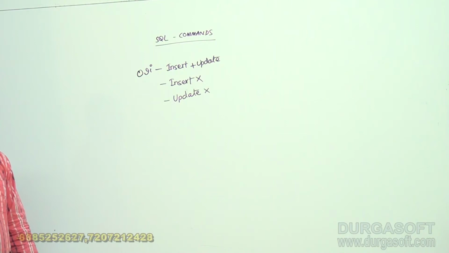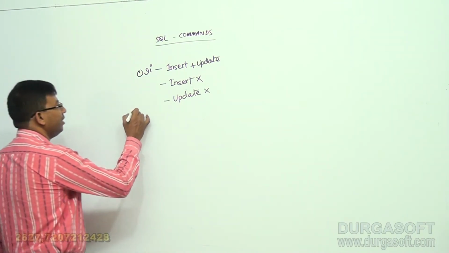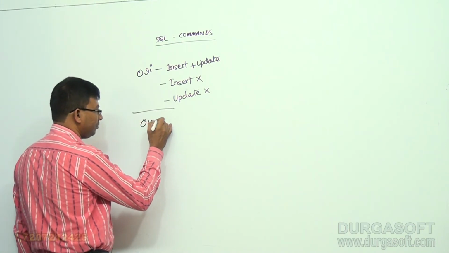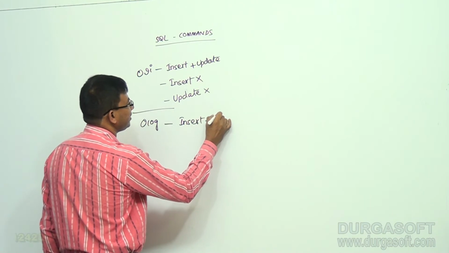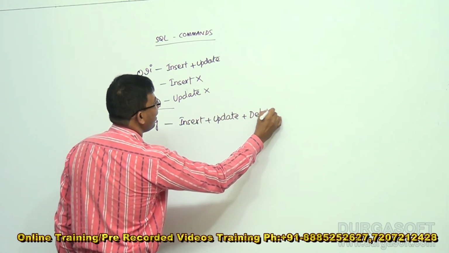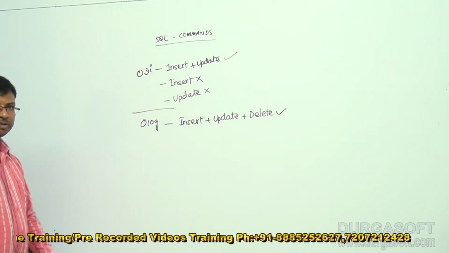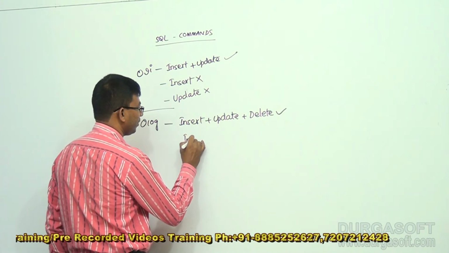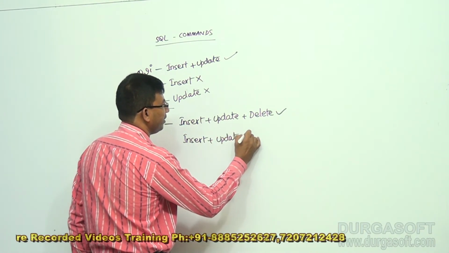A simple or single insert, or single update, is not valid. In 10G, insert plus update plus delete, they have added all the three features. All the three is possible. Insert plus update is possible.